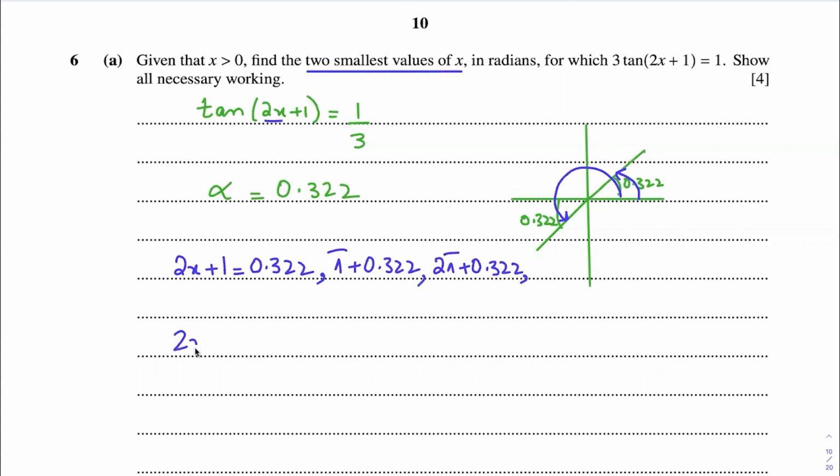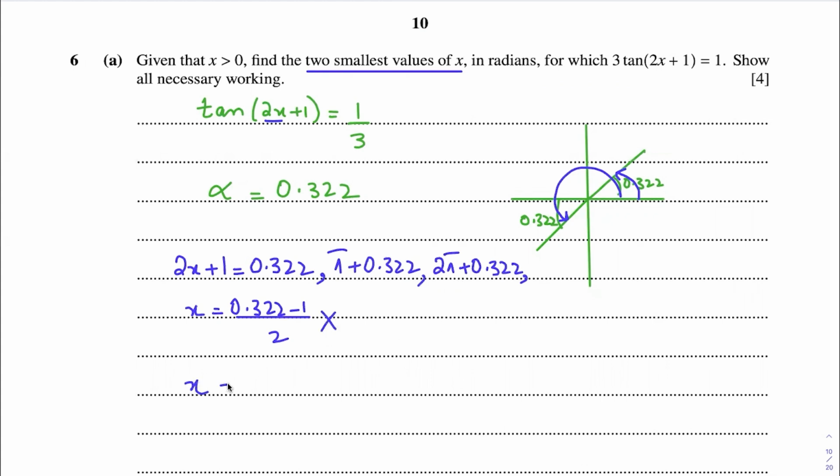So what we'll do is we'll write 2x plus 1 is equal to 0.322. So this will become x is equal to 0.322 minus 1 upon 2. Now this will give us a negative answer, and as x has to be greater than 0, this answer will be cancelled out.